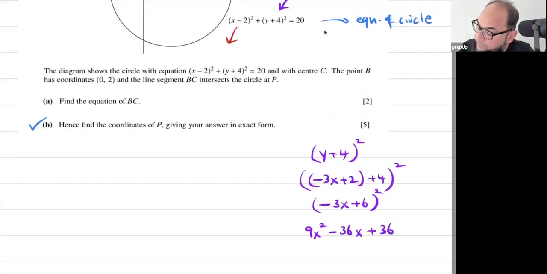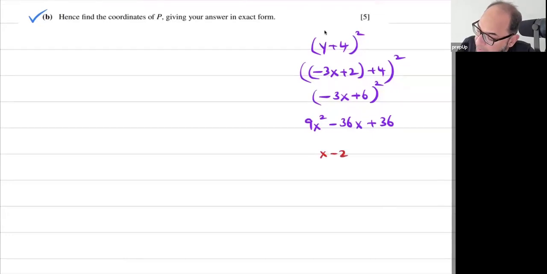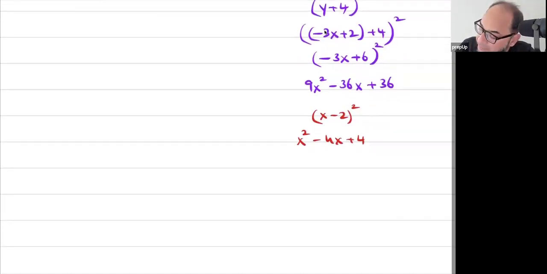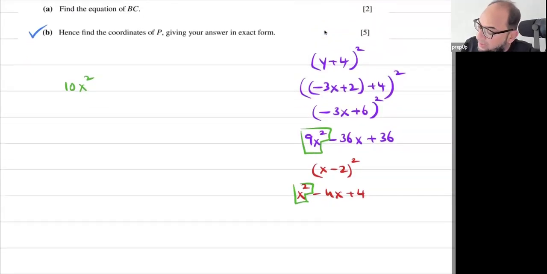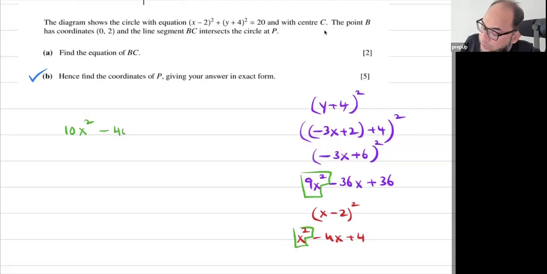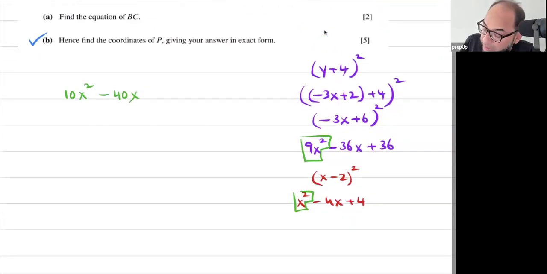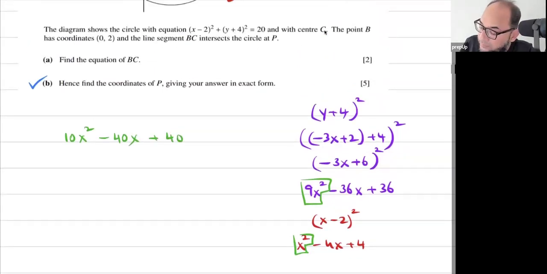So now this is x minus 2 whole square, which is x square minus 4x plus 4. If I gather the terms, this and this will add up. So now this is 10x square, and minus 36x minus 4x, that is minus 40x, and 36 plus 4 is 40.